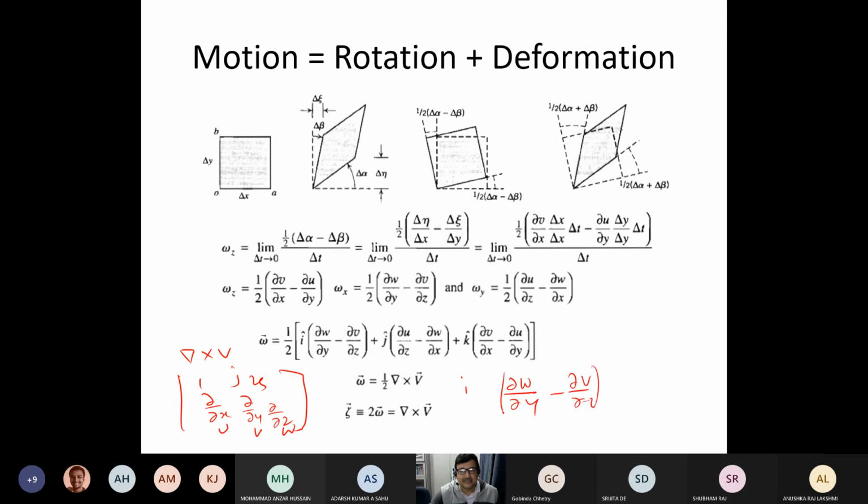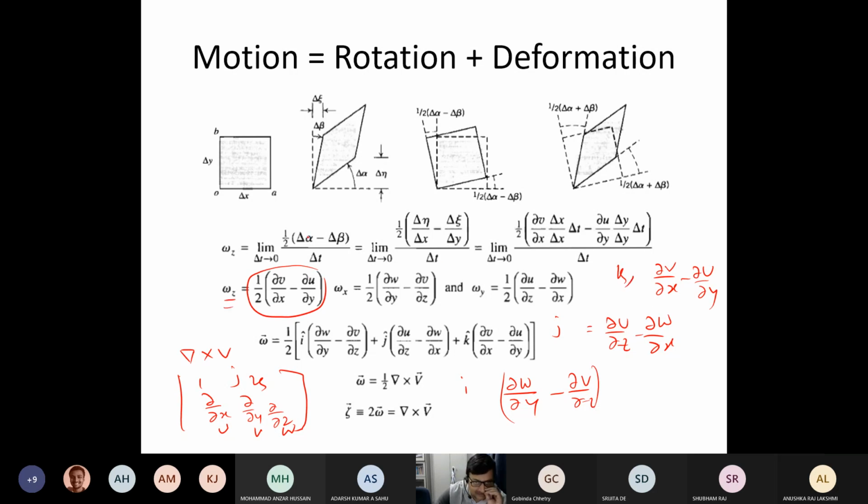When you take the j part, you get del u by del z minus del w by del x. And then when you get the k part, you get del v by del x minus del u by del y. So here you see del v by del x minus del u by del y. That means you have got the k component, that is omega z.